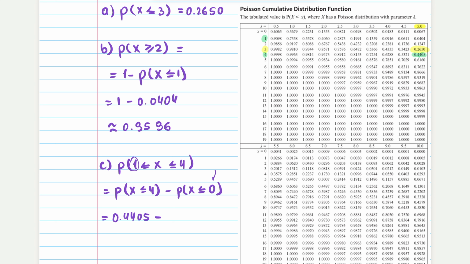That minus, so x is being 0, gives us the probability 0.0067. So that is approximately equal to 0.4338.